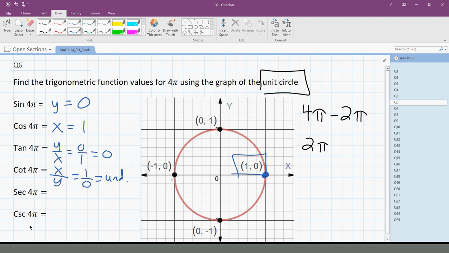It would just be 1 because it is the reciprocal of cosine, which puts it as 1 over 1, which is just 1. And then last but not least, cosecant is undefined because that's the reciprocal of sine, which puts 1 over 0, which is undefined.